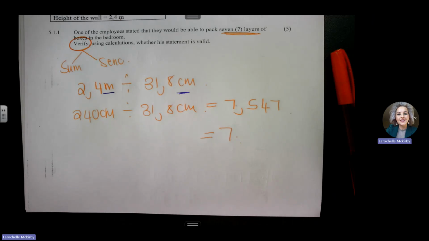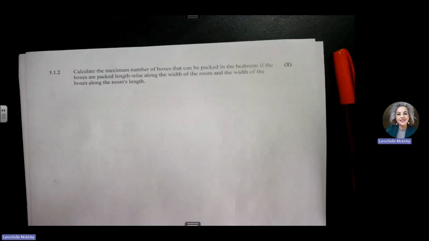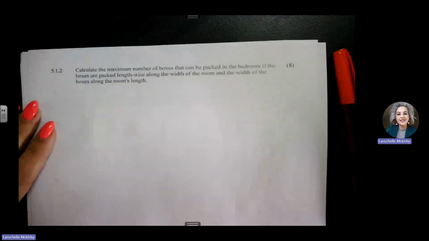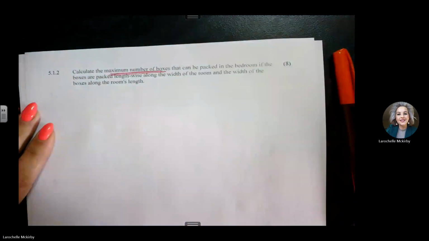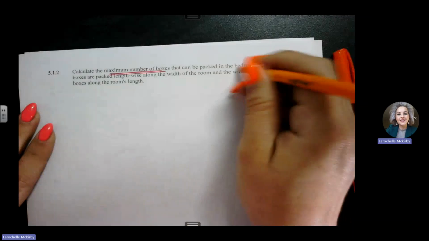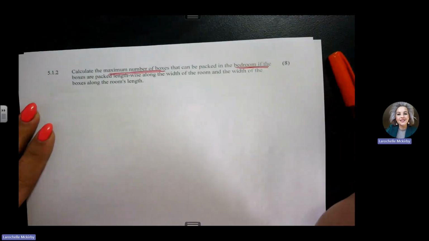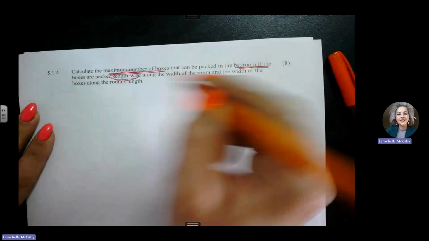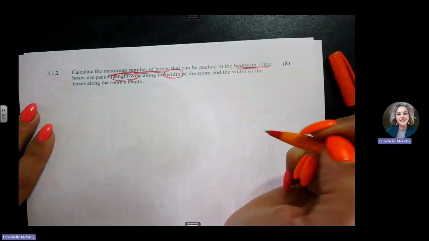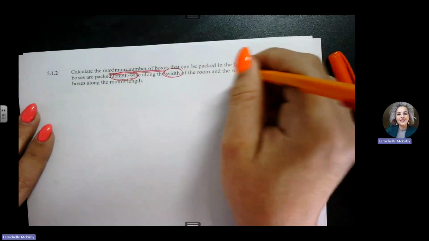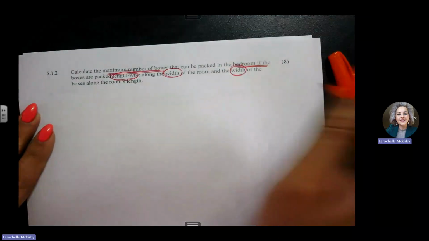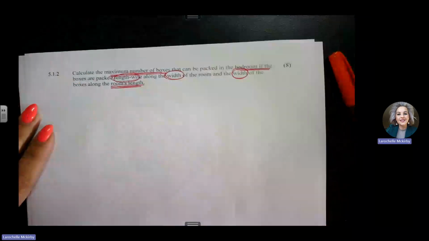Looking at the next item for packaging, they are telling me here, calculate the maximum number of boxes that can be packed in this bedroom if the boxes are packed lengthwise along the width of the bedroom and the width of the boxes along the length of the bedroom.